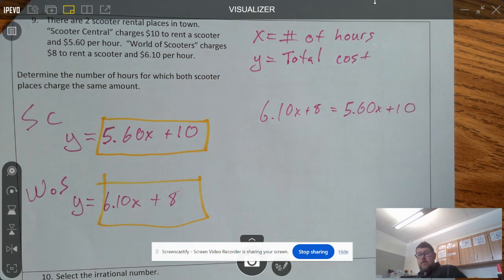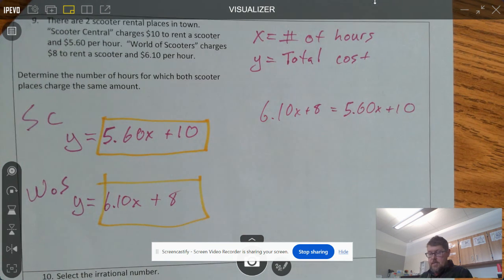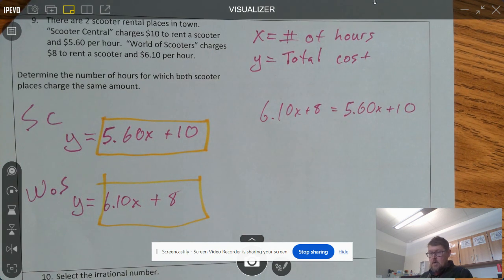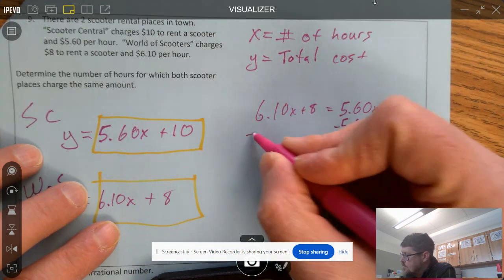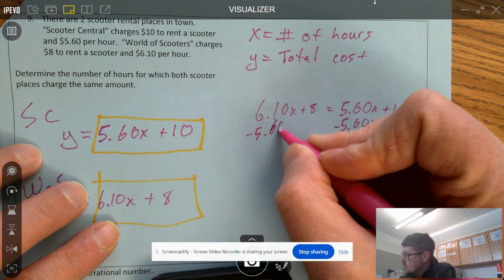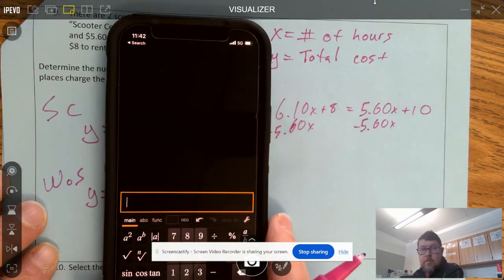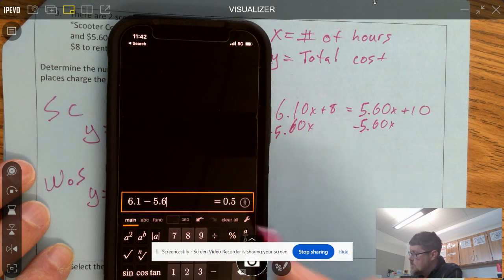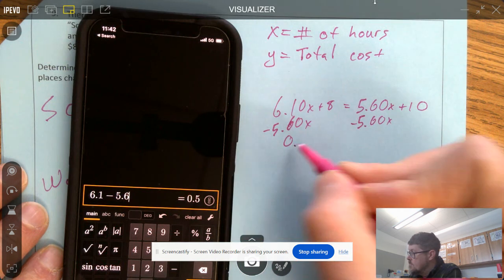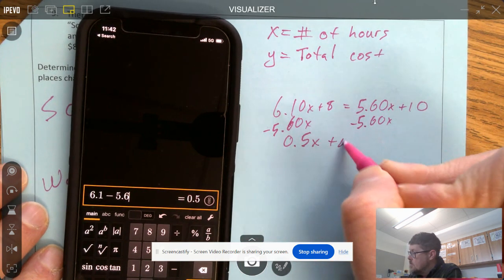And then I'm just going to solve this equation like normally. I'm going to take that 5.60 and subtract it from the other side. Okay, so it becomes 6.10 minus 5.6 gets you to 0.5x plus 8 equals 10.